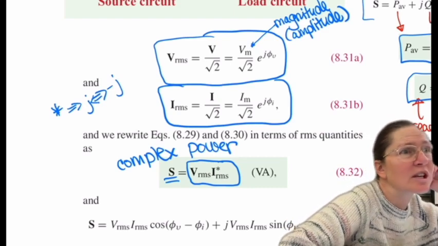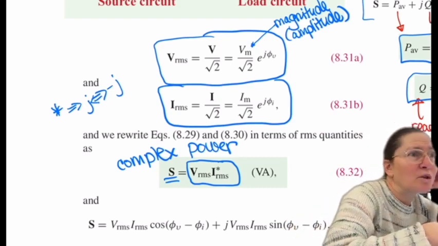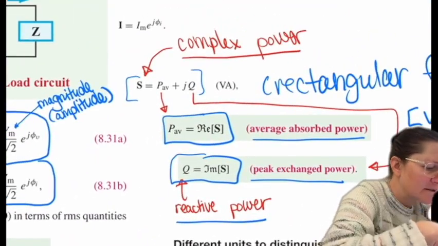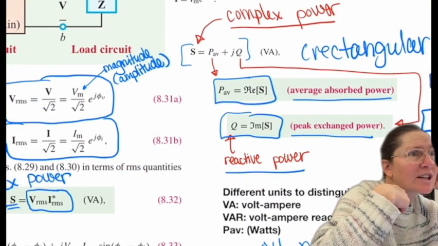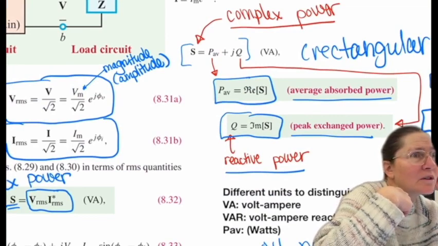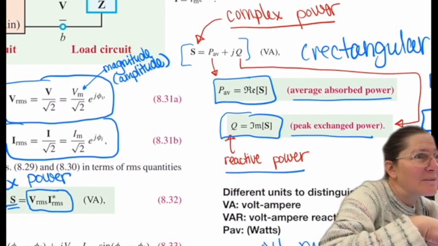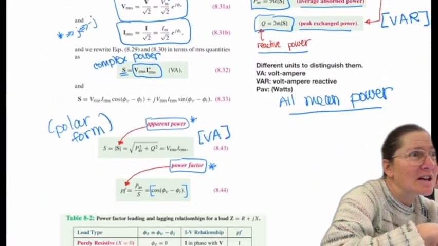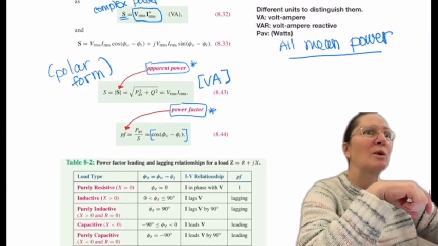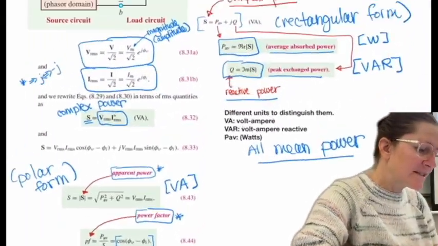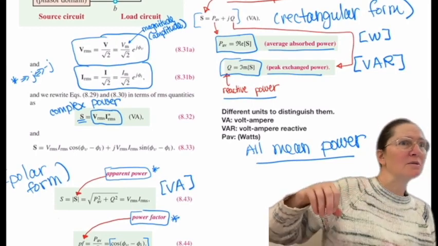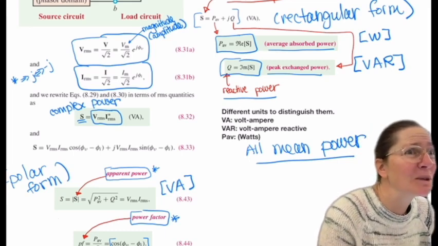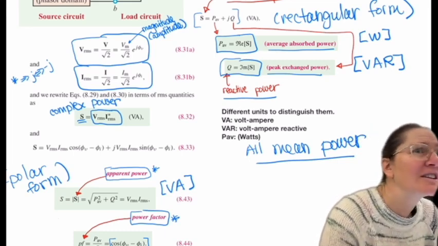Just do it in polar form, multiply them out, and then you can easily find that average power from there in rectangular form. Does that make sense? It will make more sense when we actually look at equations. It means the same thing that we found before in the time domain when we multiplied those two cosines. This is just way easier to multiply because you just add those angles together.